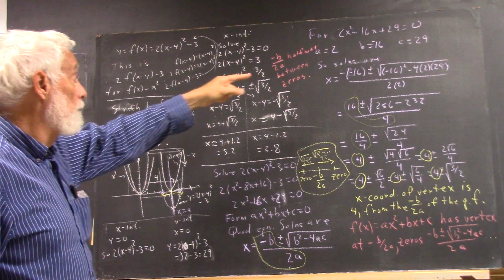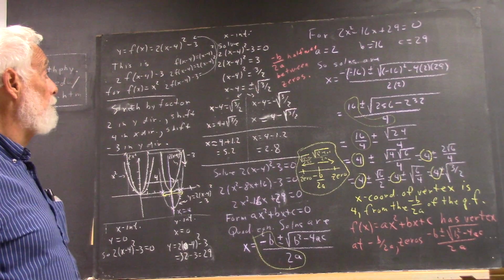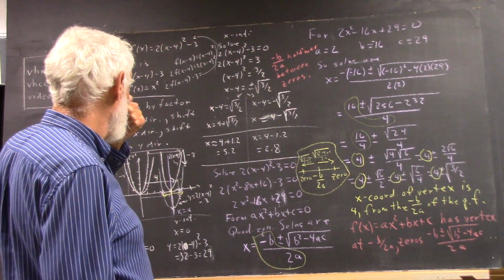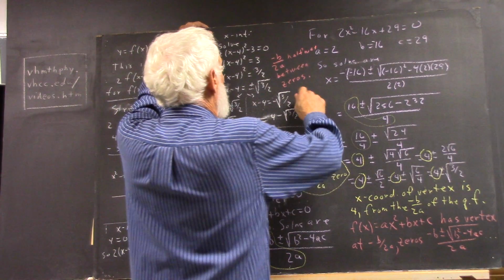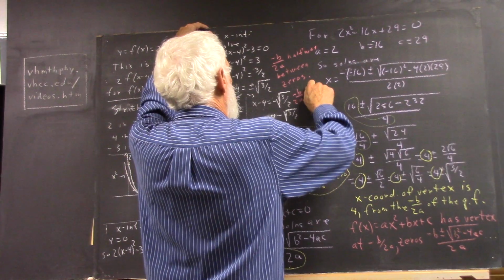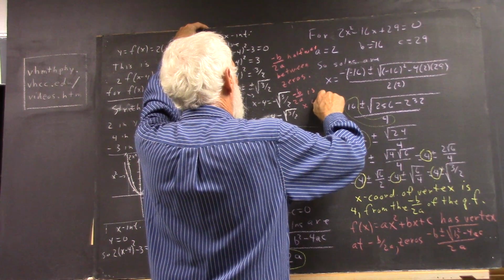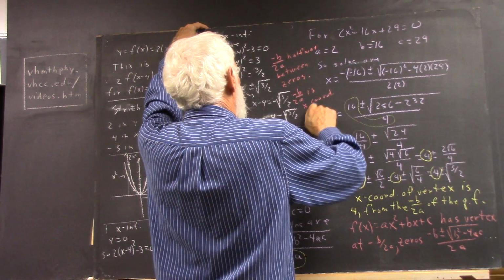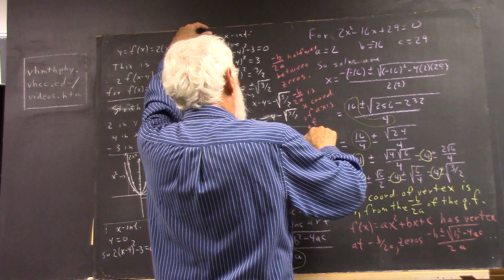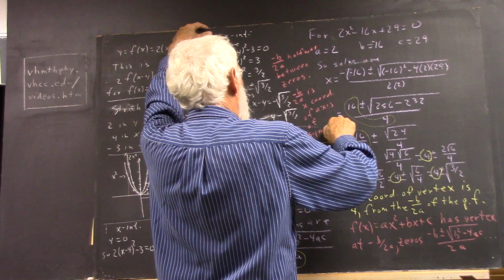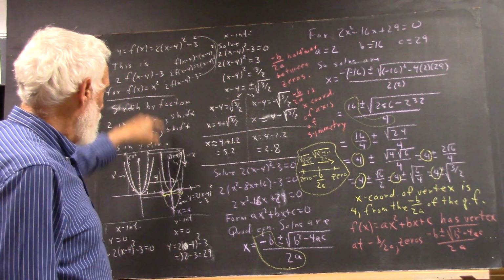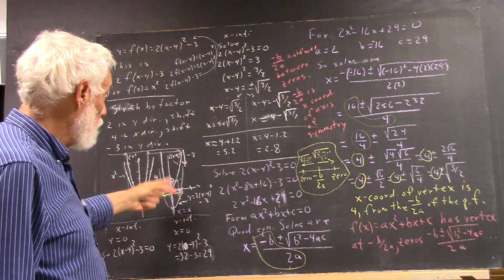And it follows from what we've said here that negative b over 2a is the x-coordinate of our axis of symmetry. So our graph is symmetric about, in this case, x equals 4.